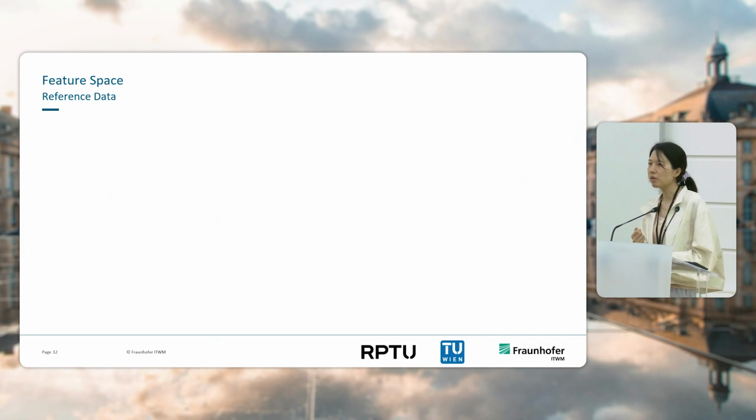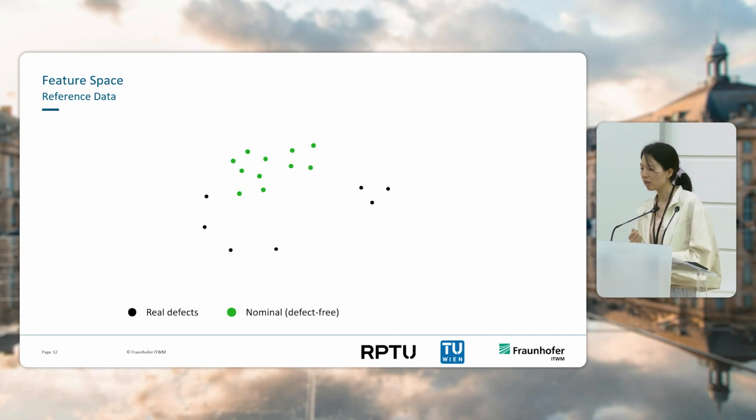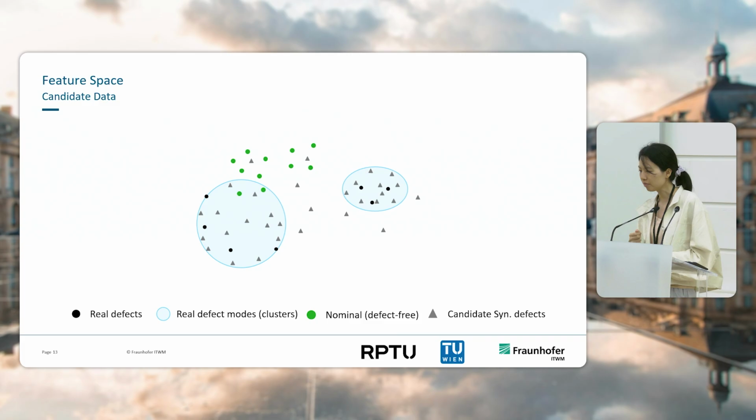Let's take a closer look at feature space. First, we map all real defects and nominal data from image to features and references. Then we cluster real defects into different modes. Next, we embed synthetic defects into features.